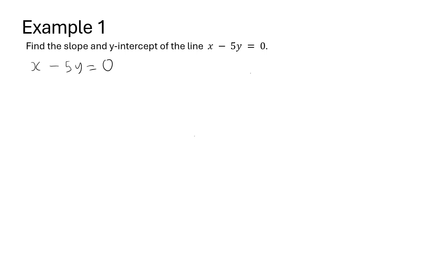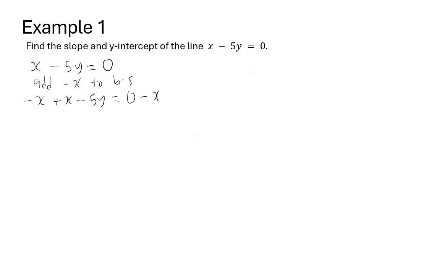x minus 5y equals 0. Since we want to find y, we have x here. Let's just subtract x from both sides. Here x is positive, so we add minus x to both sides. So we'll have minus x plus x minus 5y equal to 0 minus x.